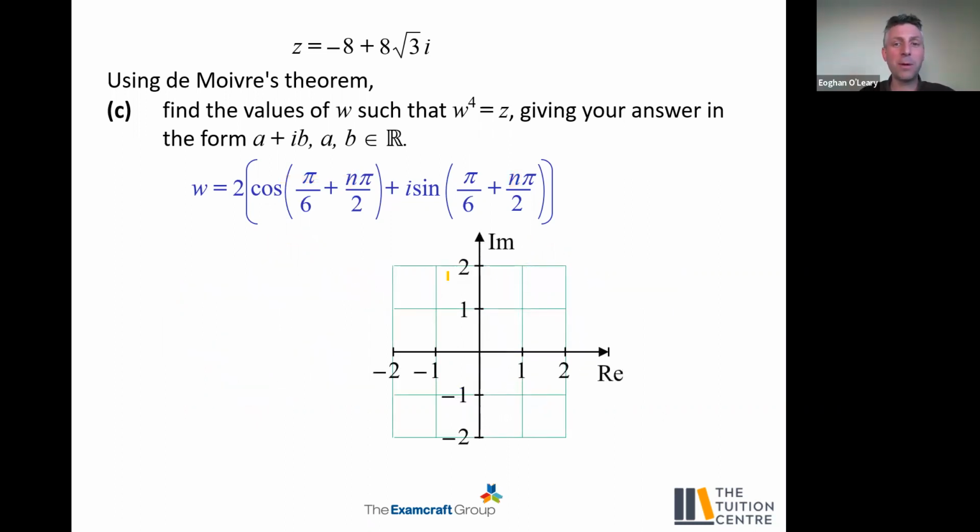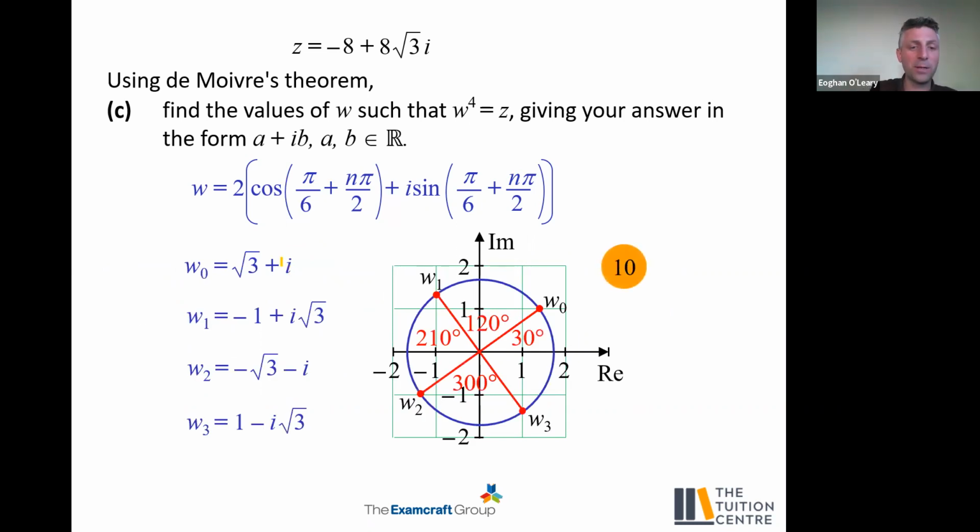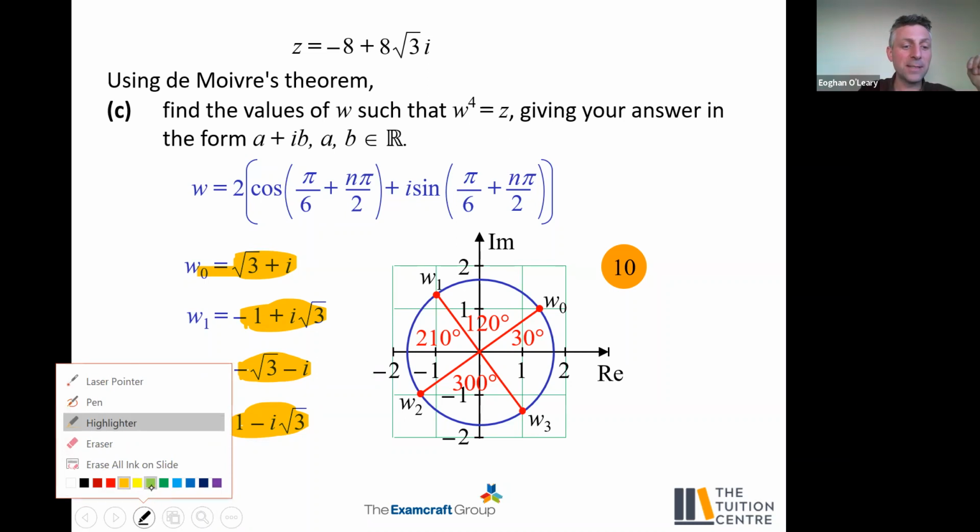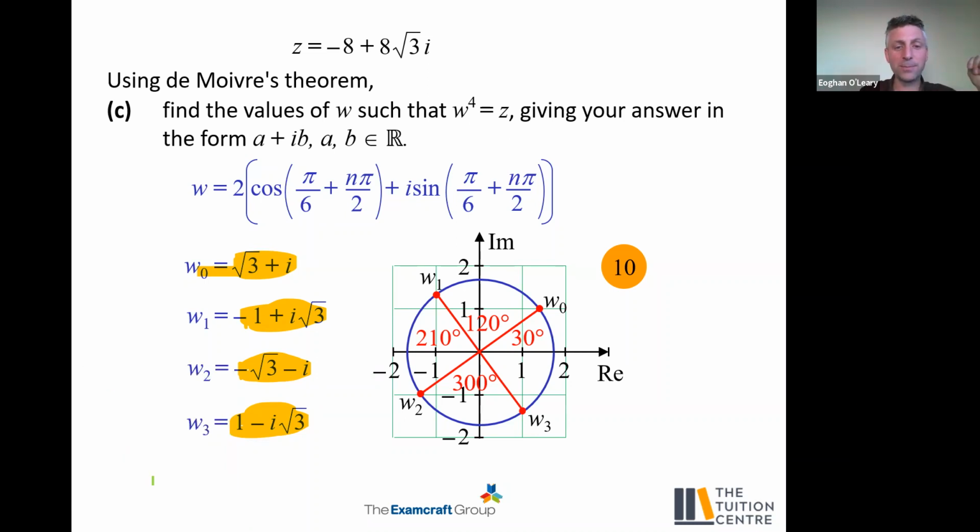If I plot my answers, I just had to list them, but if I actually plot them, so here are my 4 answers. As I said, they kind of look similar to each other, but they are different. But if you plot them, you will find that there is a connection between them. And basically, they're all the same distance, of course, from the origin.